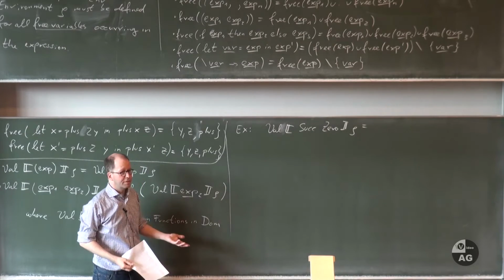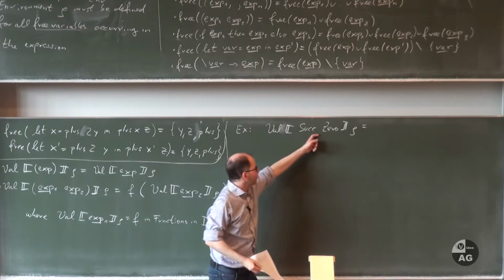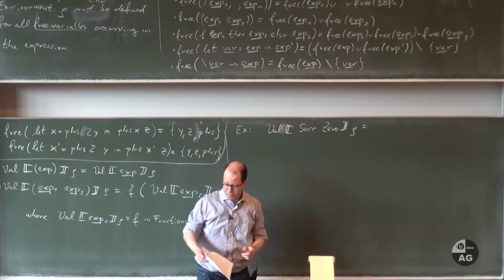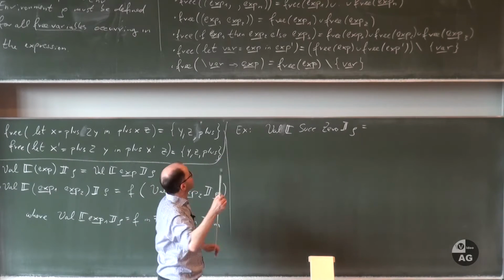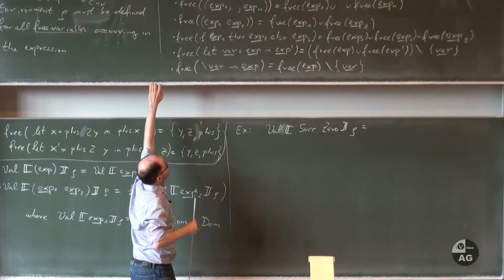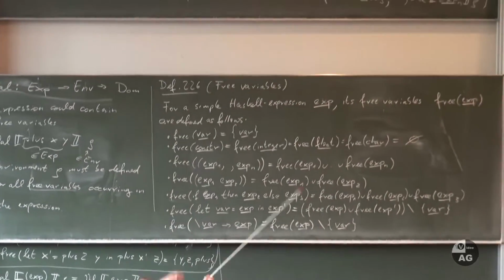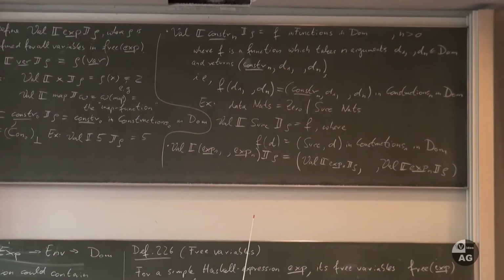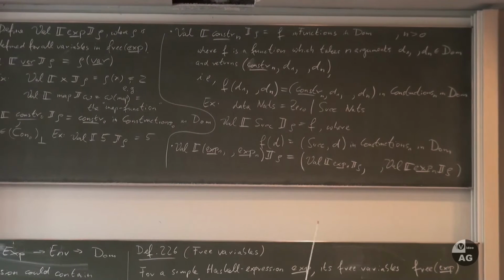So to find out what the semantics of this composed expression is, we first have to find out the semantics of suc. Now the semantics of suc, I already wrote this down on the blackboard above. The semantics of suc is this function f, which waits for an argument and then returns the tuple suc, comma, the argument.